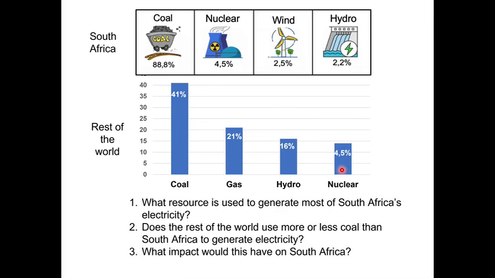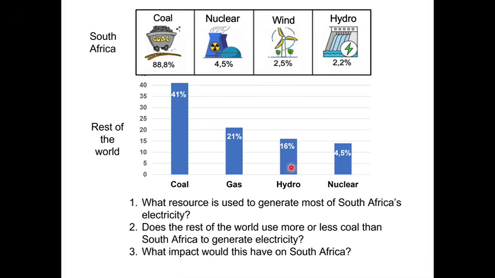Because the question deals with two different things. In the first one, we've got statistics, and in the second one, I had a bar graph. So, coal here is 41% for the rest of the world, and in South Africa it was 88% that's used to generate electricity. So we use more than twice the amount of coal. Gas, we haven't got it here.